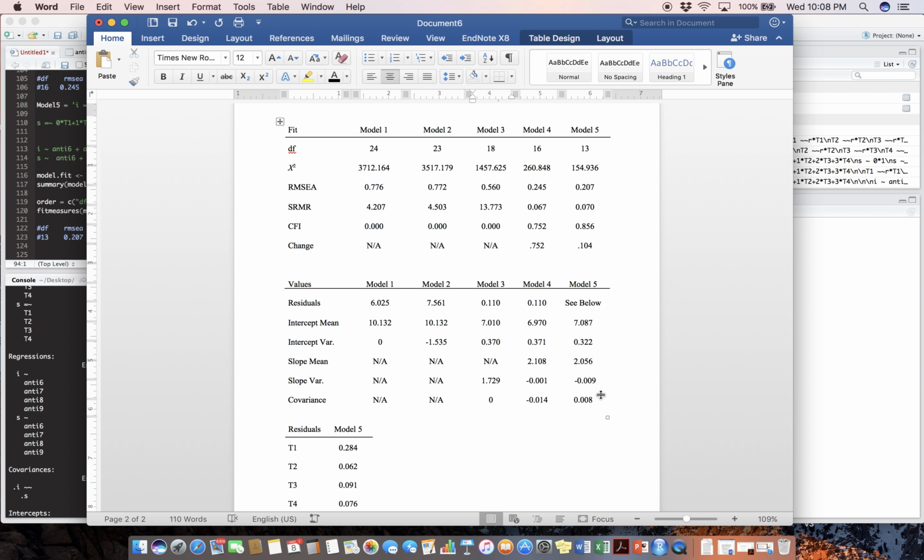And we also see that our intercept variance is starting to decrease. The same with our slope variance.